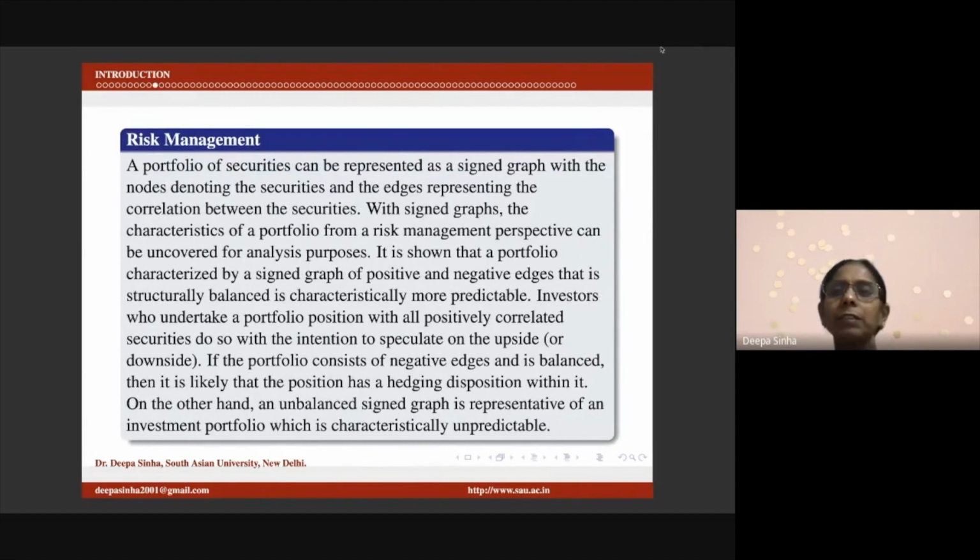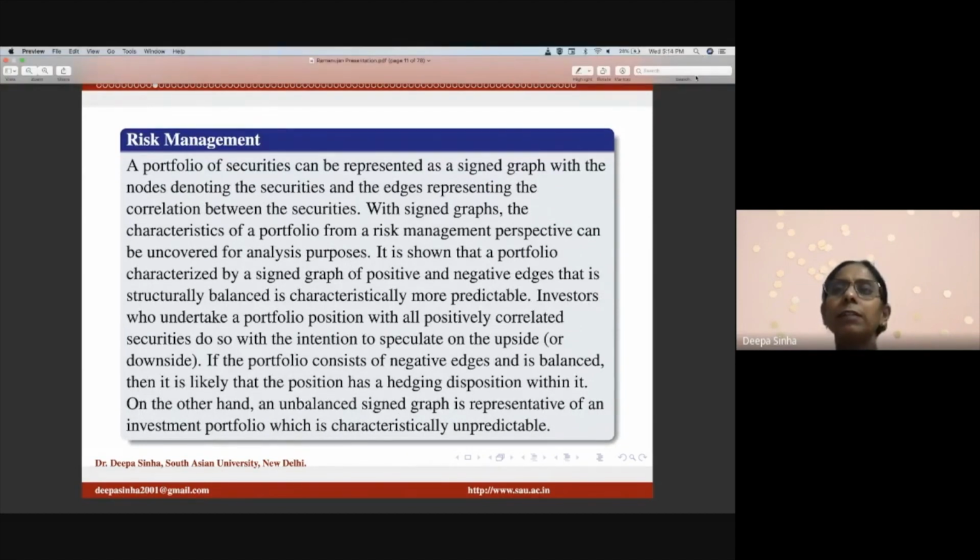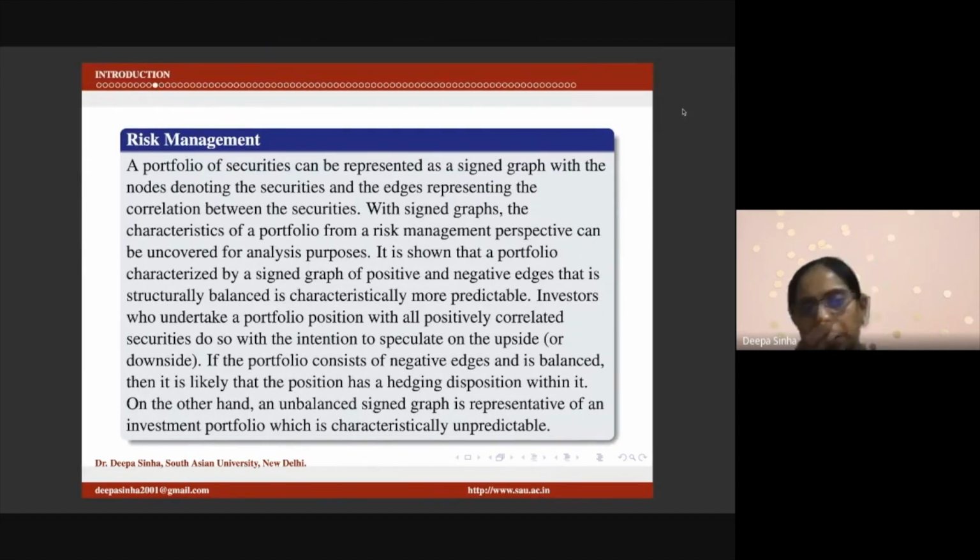In some cases, if you have portfolios of securities, suppose you have shares of automobile industries. There are so many, like Maruti, Hyundai, and many others.